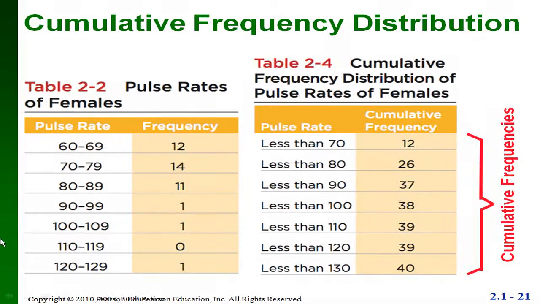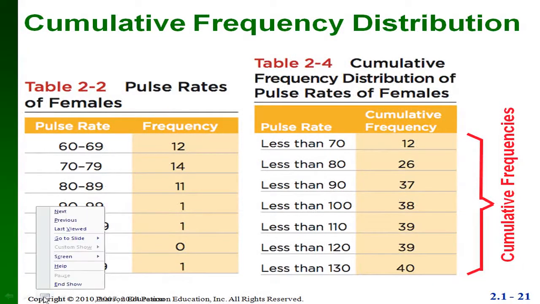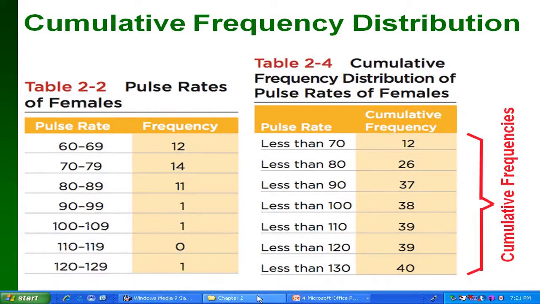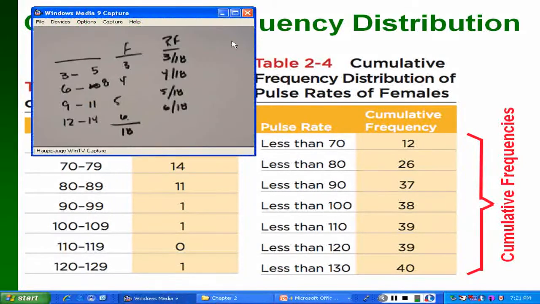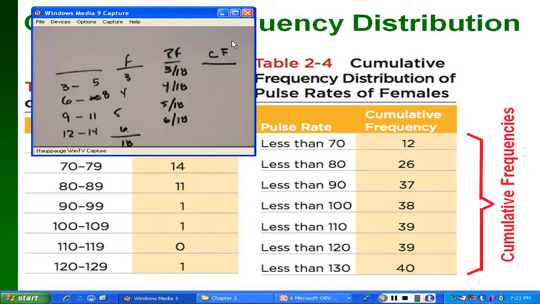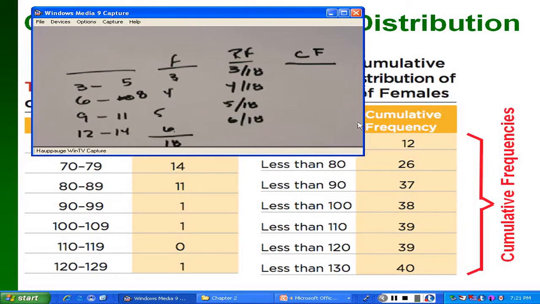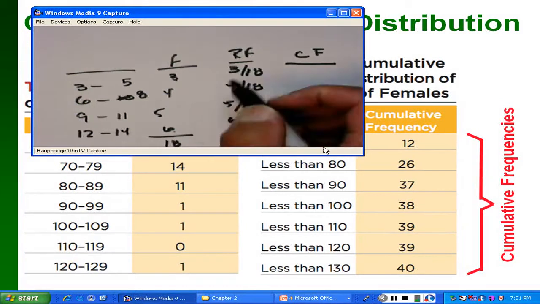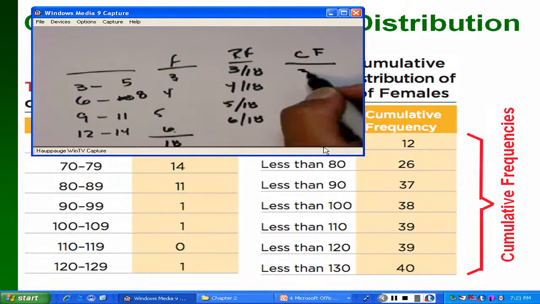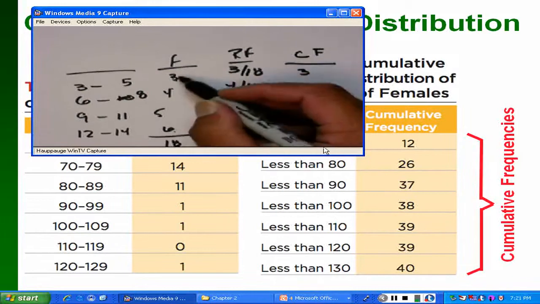Let's look at the example that we had before. Your cumulative frequency in this case is basically you take the first one, 3. The next one, you take 3 plus 4.